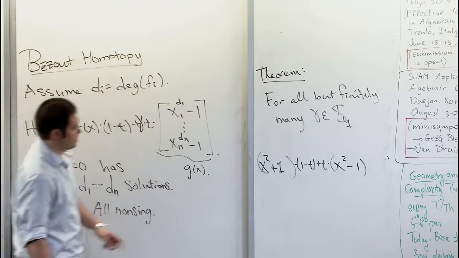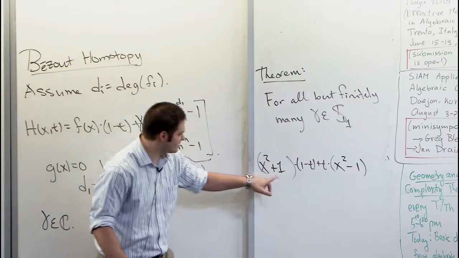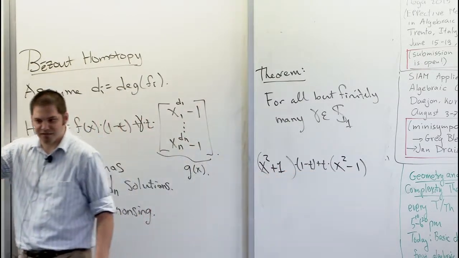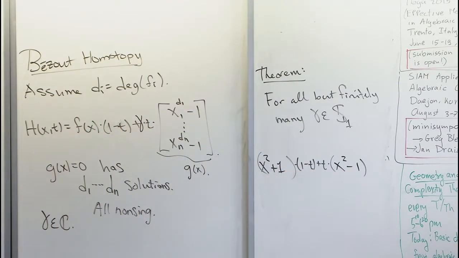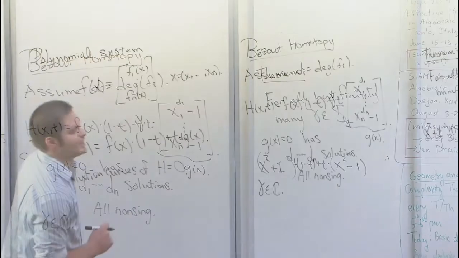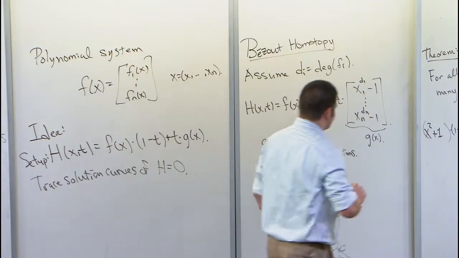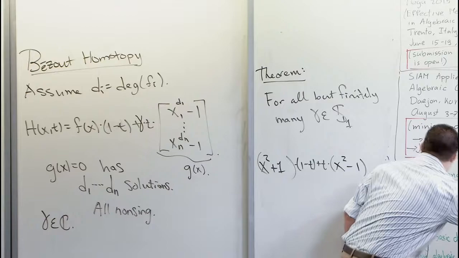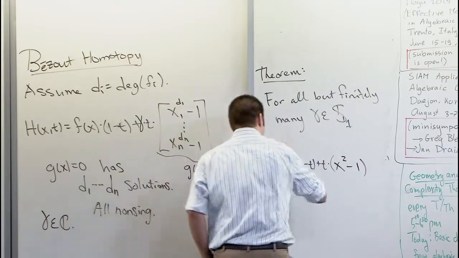This has real roots. This has complex roots. The only way to get from real roots to complex roots is to pass through a singularity. And I see. You want to avoid singularities on your path. Exactly. Very good.